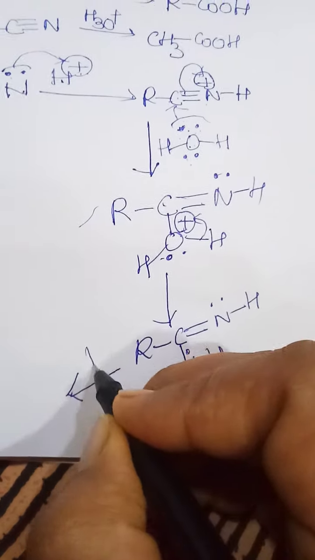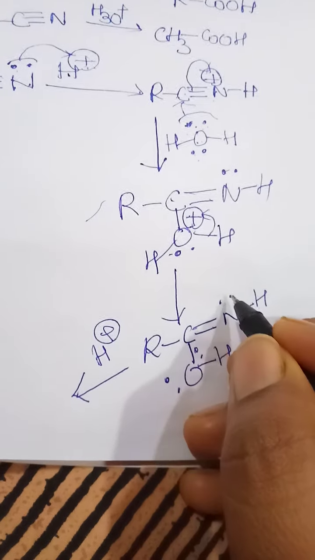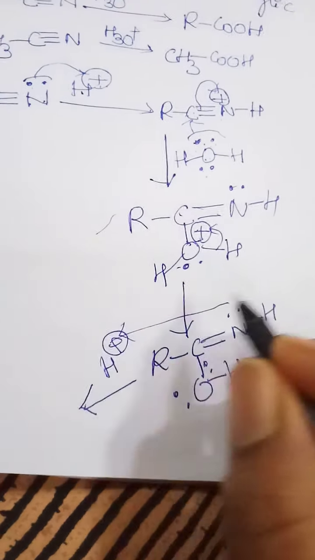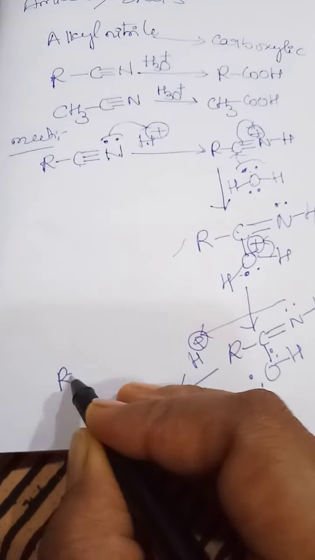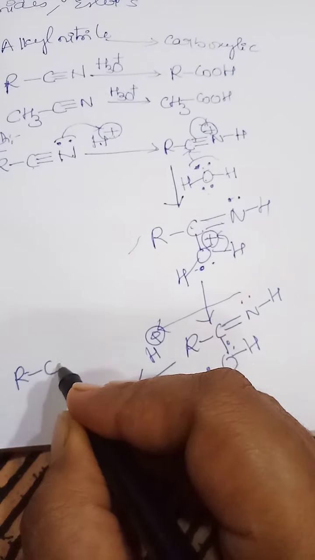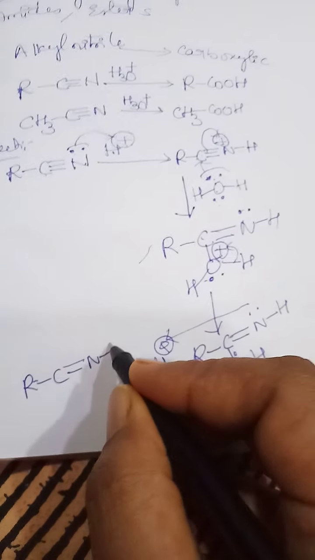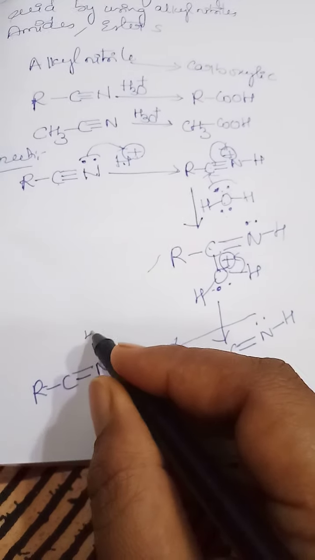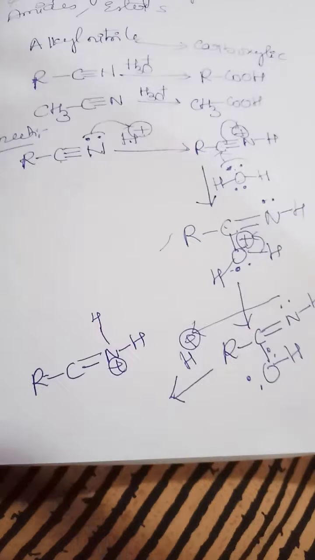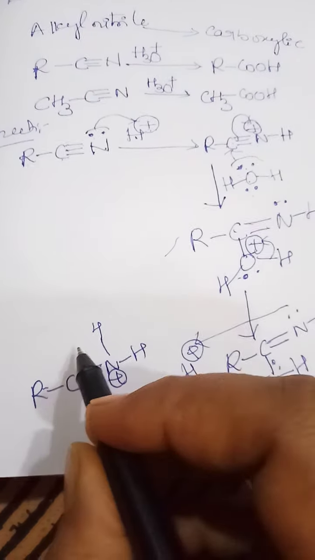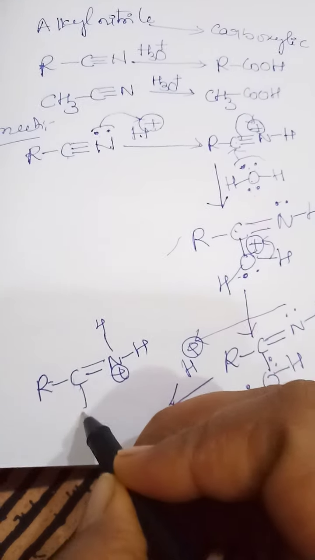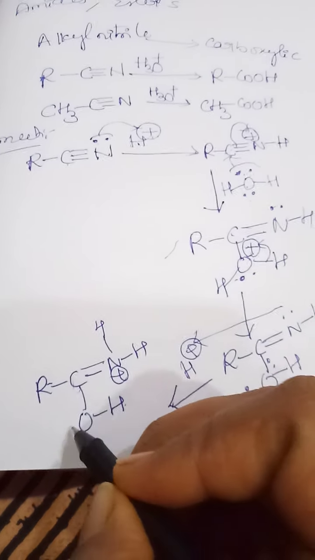Again the H plus will attack, because again the lone pair of electrons are there. So what happens here? R C double bond N H, again H, again the positive charge will come, and here the OH.